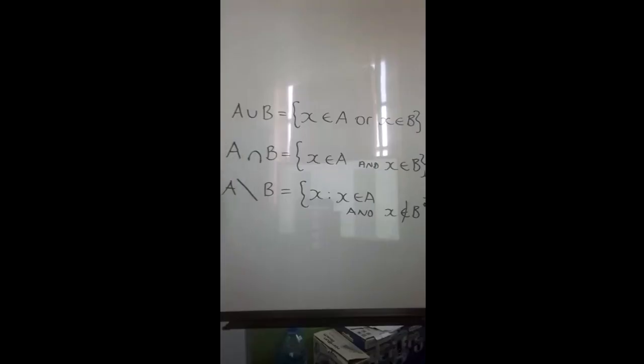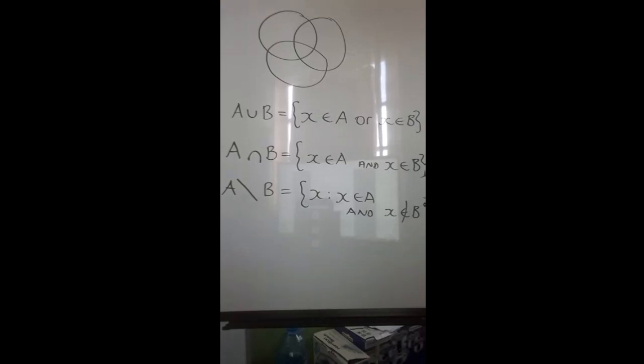Okay. Let me draw a quick diagram. You can see up here? Yes, sir. Quick question: can that be written as A intersect B complement? Yes, you could say that. That's A intersect B complement.